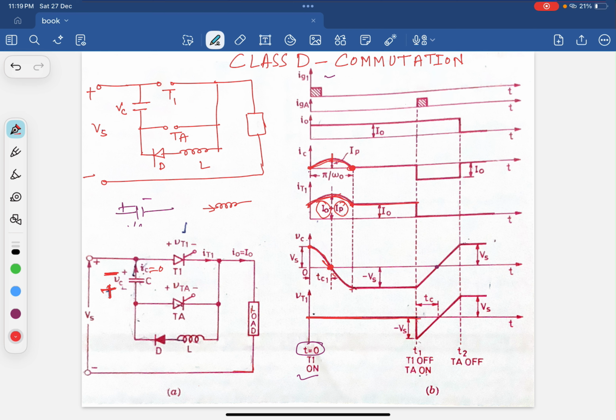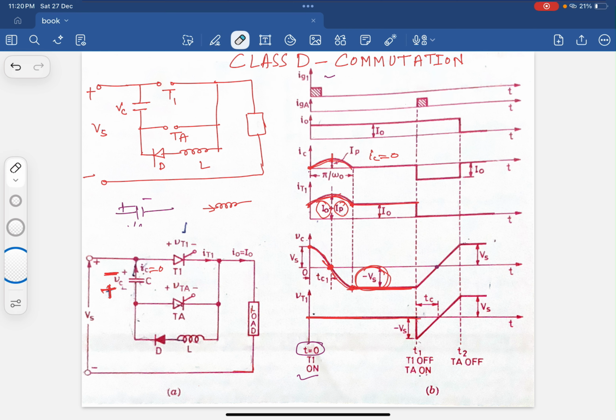You can see the charging current IC is 0 because now it has no path to flow. Also the supply voltage is equal to the capacitor voltage, so the charging current is 0. Also look at the capacitor voltage, it rises in the negative direction and then remains constant as a negative value because the polarity of the capacitor has changed.